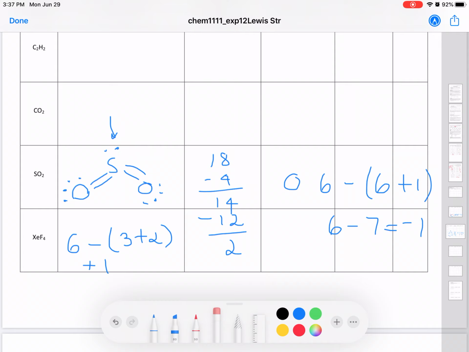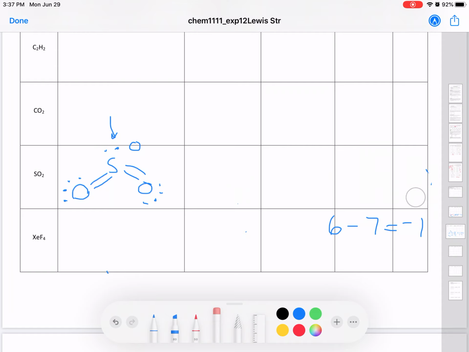So now sulfur and oxygen both have formal charge 0. So the correct Lewis structure for sulfur dioxide is this. Okay, that's the correct structure for sulfur dioxide.